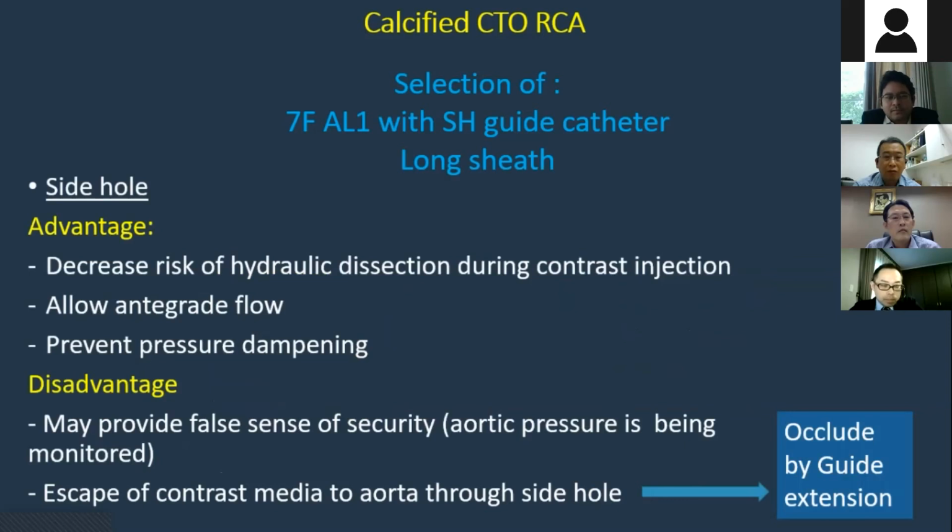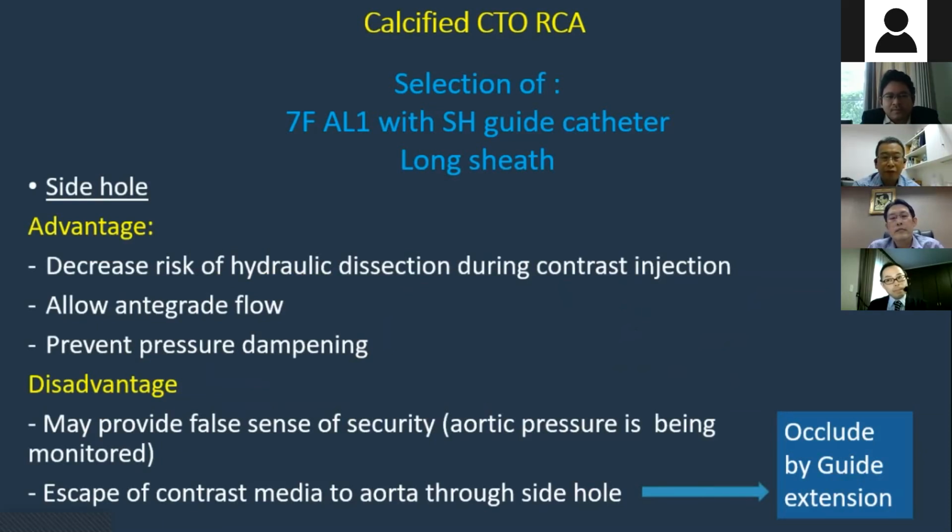And the use of the side hole or the non-side hole guiding catheter, I think, is an issue for discussion. The advantage is we may decrease the risk of hydraulic dissection during contrast injection and allow some antegrade flow, but some doctors say it may provide a false sense of security because we are monitoring aortic pressure instead of the coronary pressure.